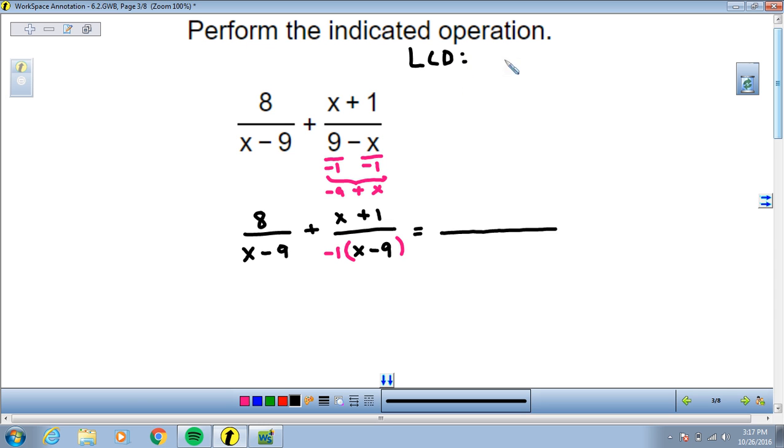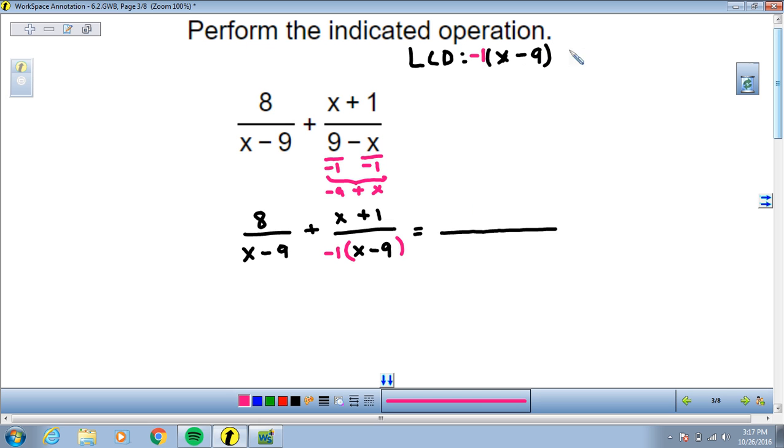So according to the rule, list all denominators from the first fraction. The first fraction has a denominator of x minus 9, and then you're going to list any factor from the second denominator that you have not listed. X minus 9, that one I already listed, right? So the only thing that we have not listed from the second fraction is the negative 1. So that will be my LCD.